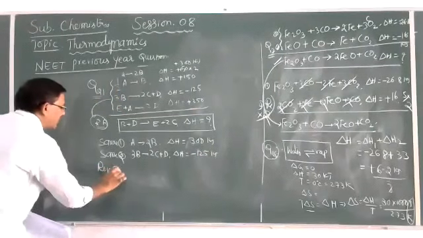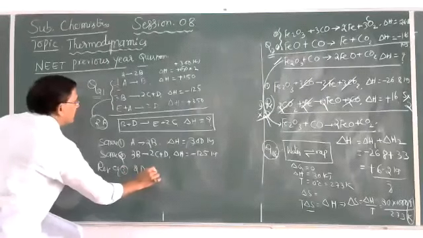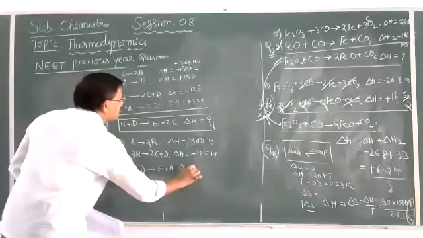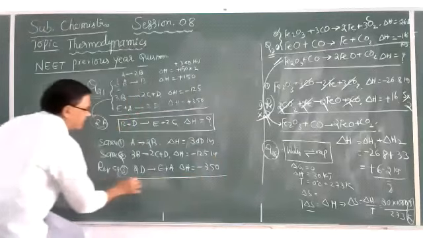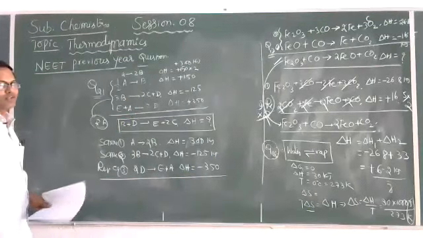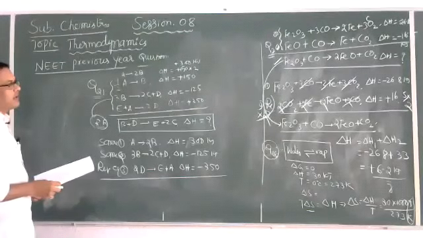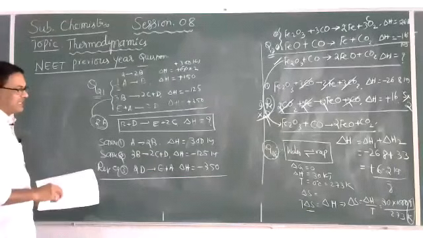Reverse equation 3, that is 2D gives E plus A. By reversing, the value is the same, only the sign is changed, based on the first law of thermochemistry, the second law of thermochemistry, Hess law and the heat of summation methods.